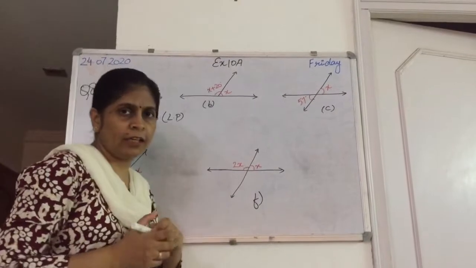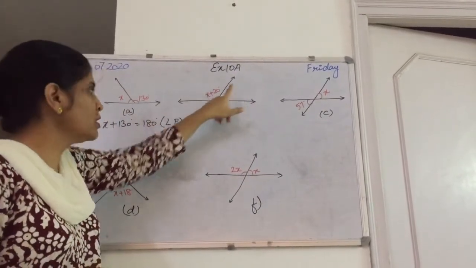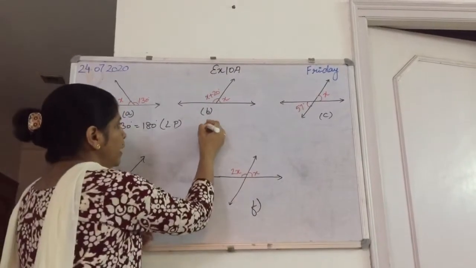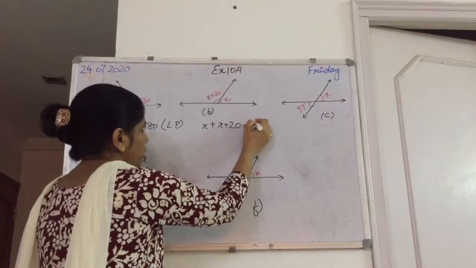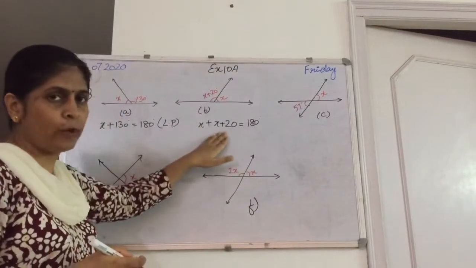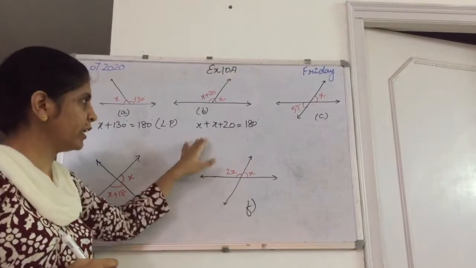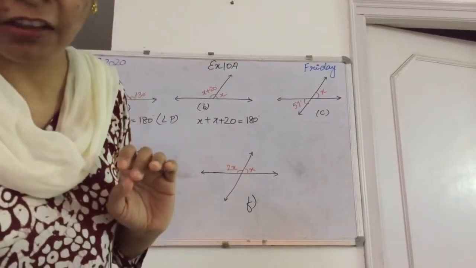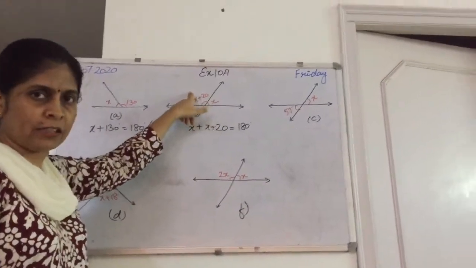Now in the B part, when you add up these two angles, you get 180 degrees, that is linear pair. So how to write? X plus 20 equal to 180 degrees. Clear? X and X become 2x plus 20 equal to 180 degrees, and you will get the value of X. In the question it is written find the value of X only, so there is no need to find out the angles.